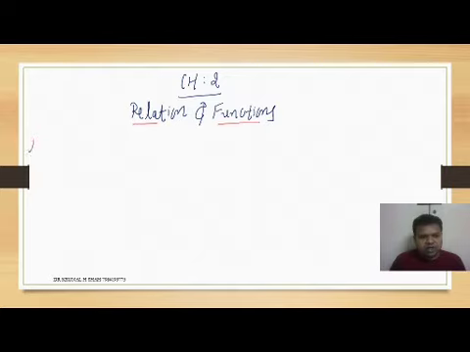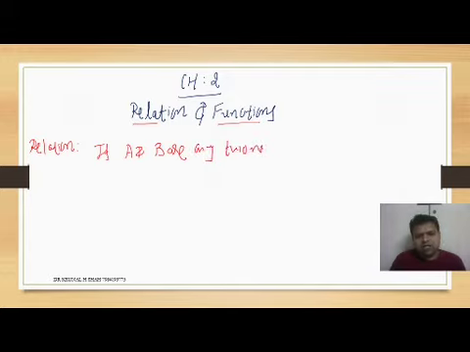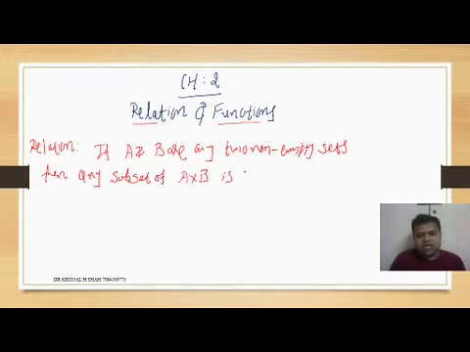So relation: if A and B are any two non-empty sets, that is, there are some elements in A and B, then any subset of A cross B is known as a relation.